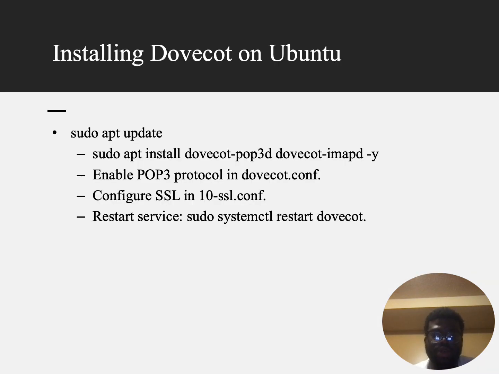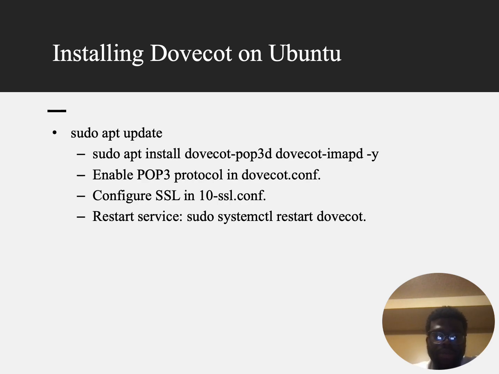To the next slide, installing Dovecot on Ubuntu. These are the commands you put on Ubuntu in order to install Dovecot. You use sudo apt update, and then sudo apt install dovecot-pop3d dovecot-imapd -y.